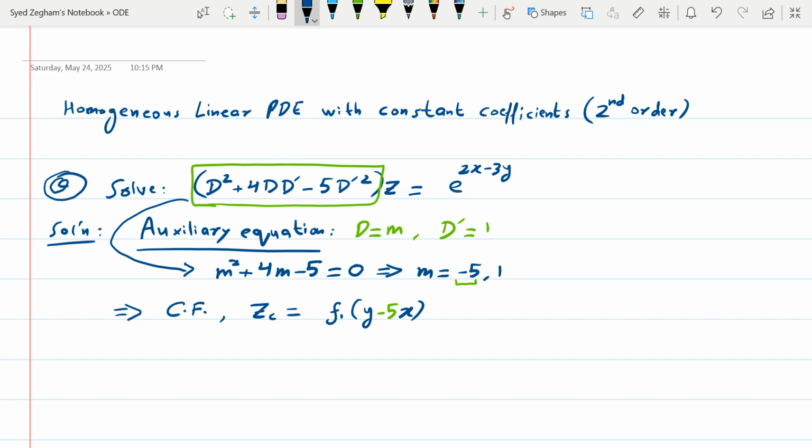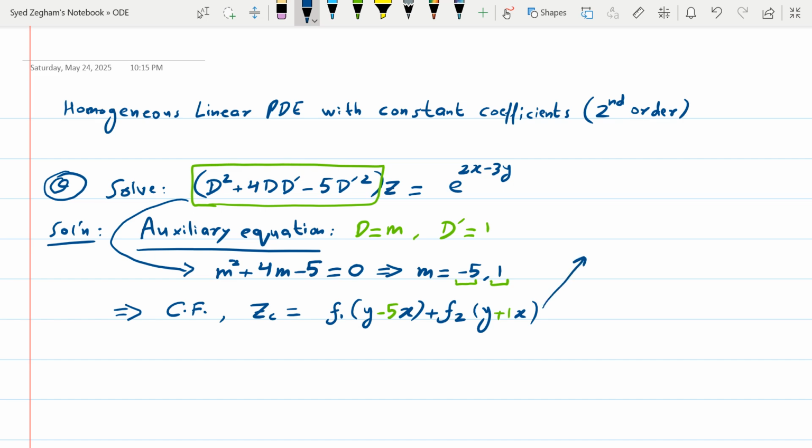Let's go to the second one, plus some other function f2. Now what will be the term? Function of y, then the second value, that is 1, plus 1 times x. What is the formula? How have we done this?